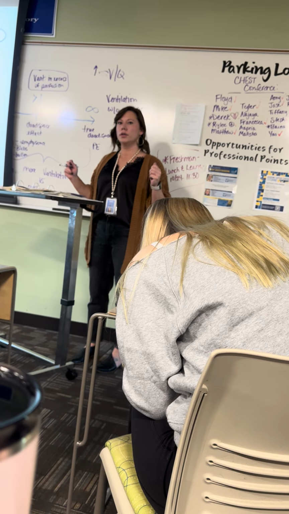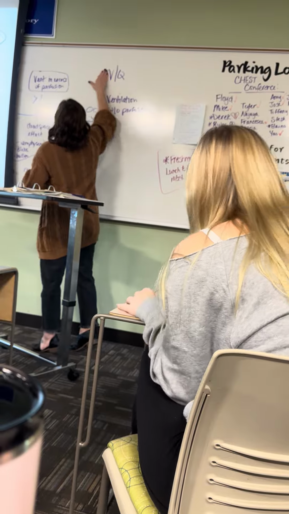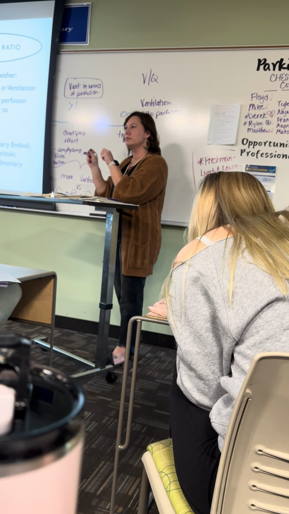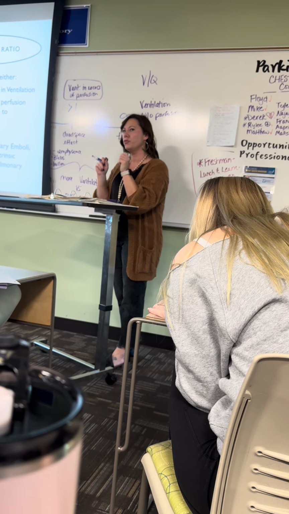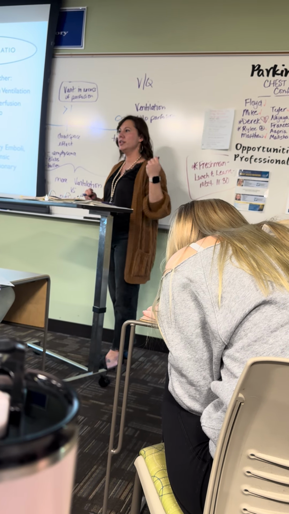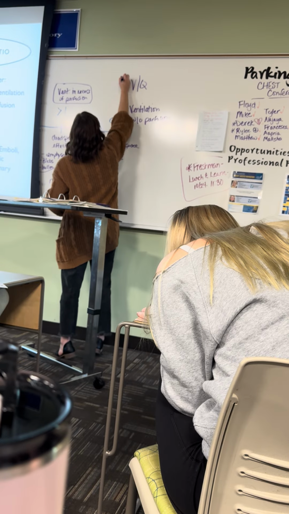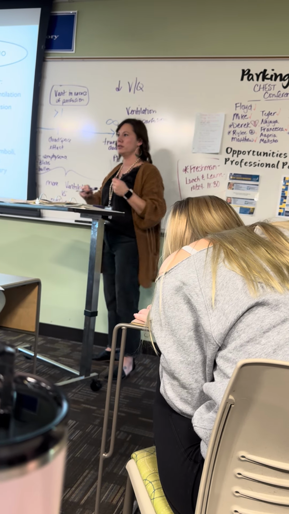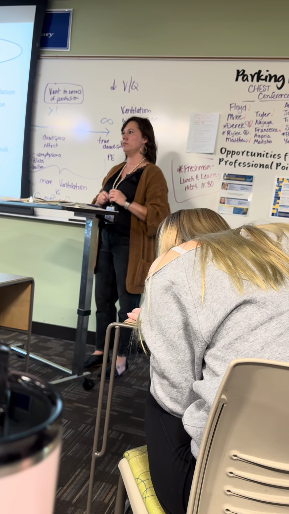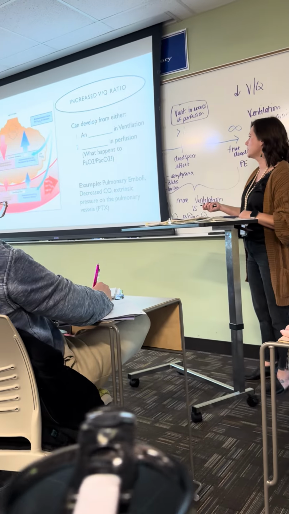Does that help? It's directly related to that V, okay? So an increased VQ ratio, increased ventilation, that's going to be dead space. Decreased VQ ratio, decreased ventilation, that's going to be shunt. I have more perfusion than ventilation then. Okay? I know this is a lot.